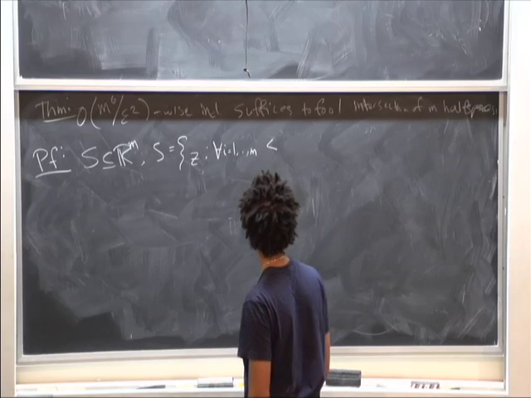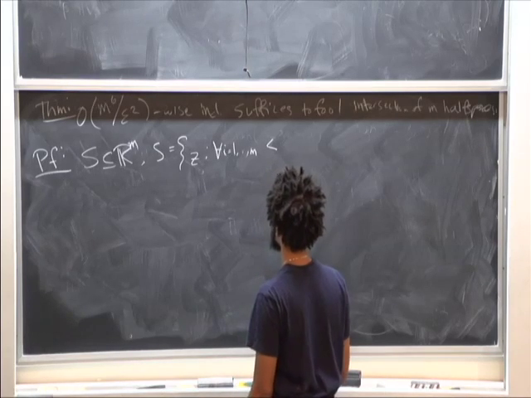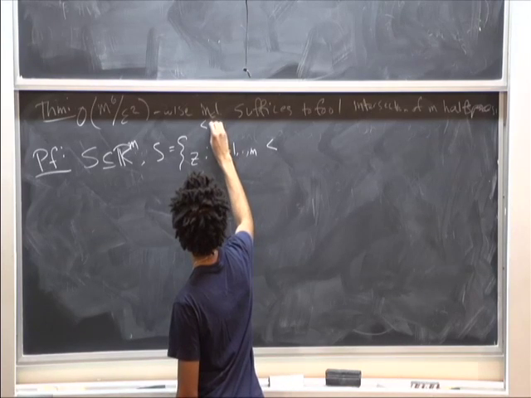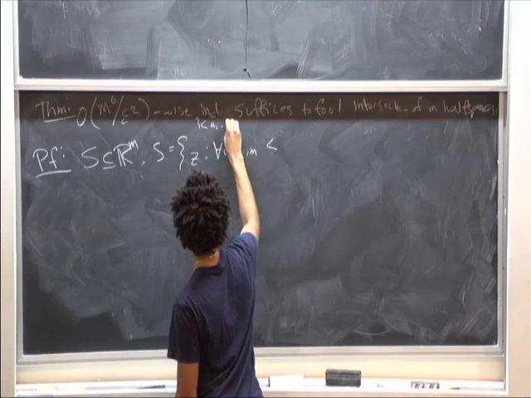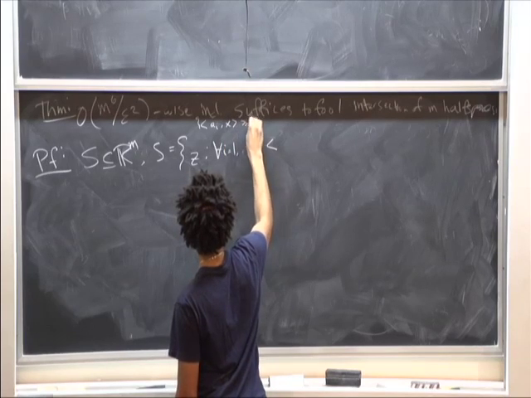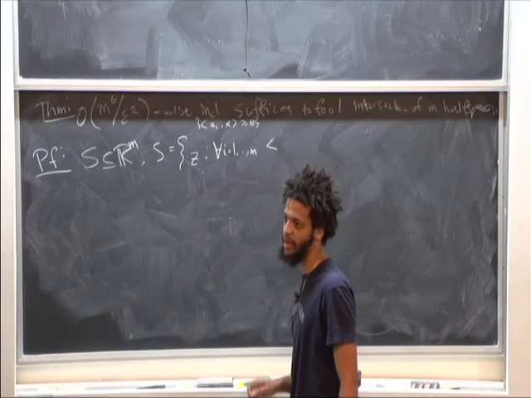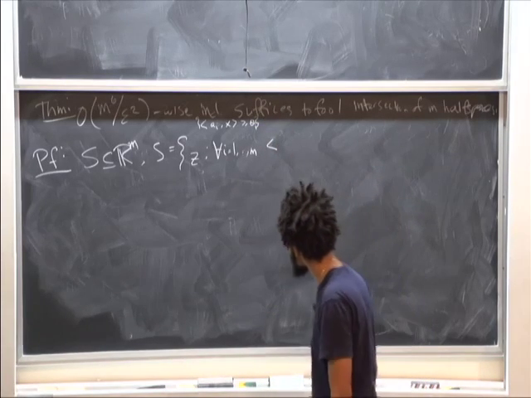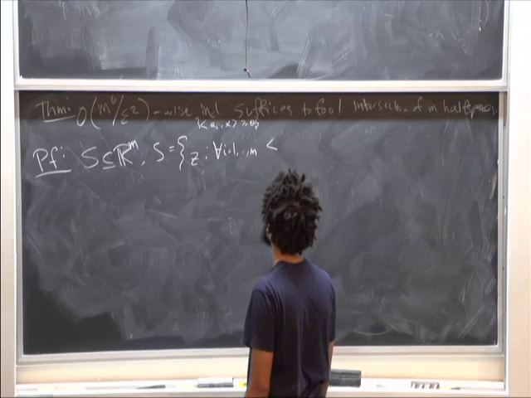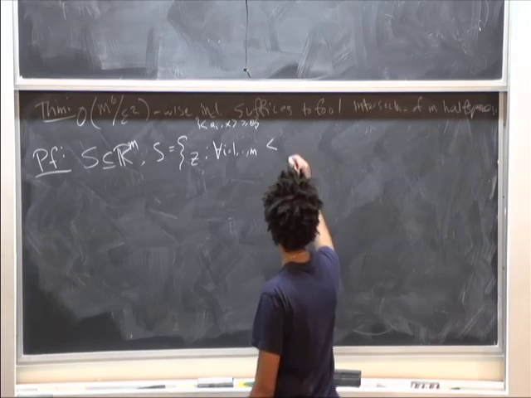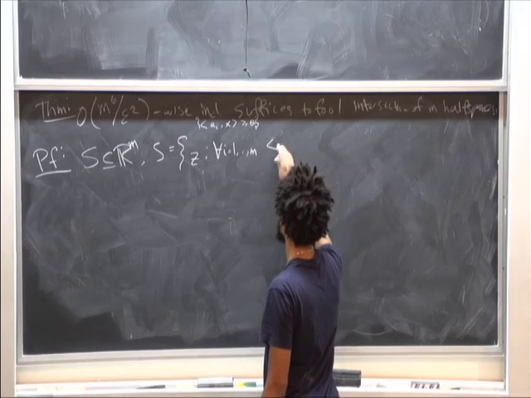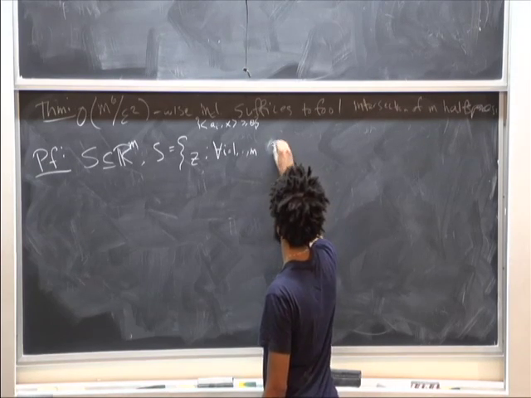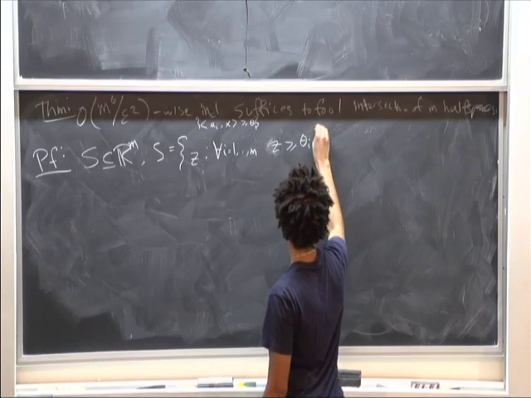So my half spaces look like a_i dotted with x should be at least theta_i, with i running from 1 to m. Those are my m different half spaces.